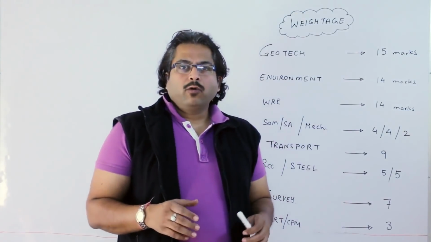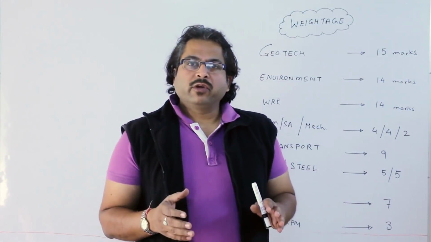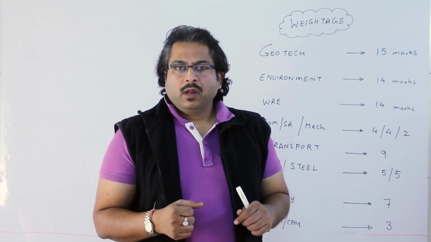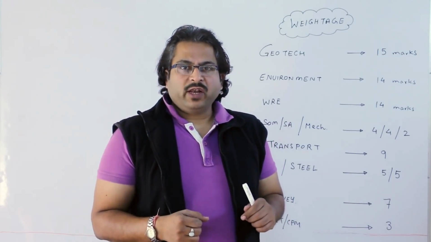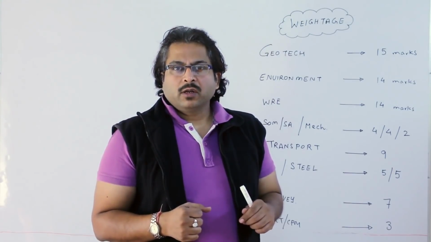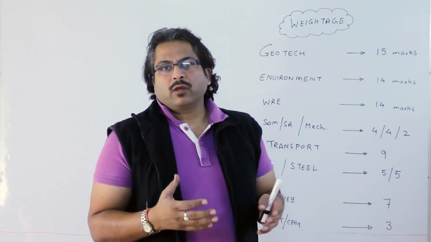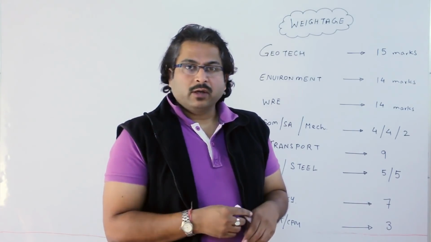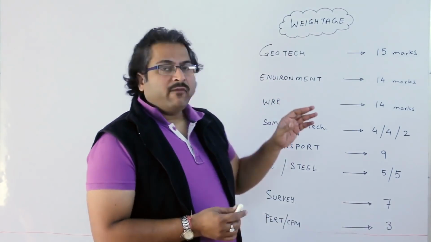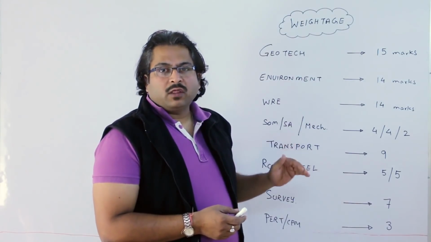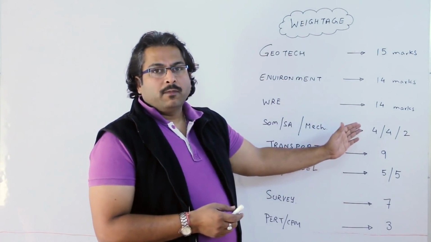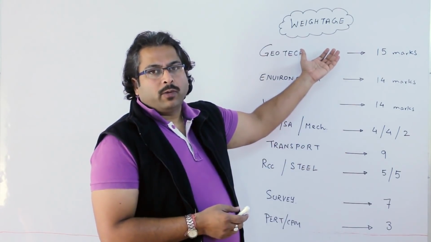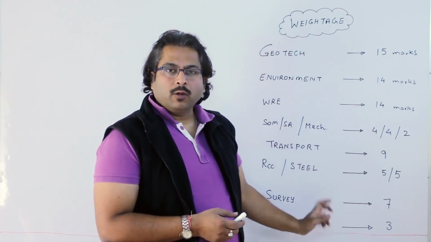After knowing about all the subjects in civil engineering for the GATE exam, now let us see the weightage of each and every subject, approximately how many marks of questions are being asked. So we'll go one by one. I have listed down the various subjects and the marks, with the highest weightage at the top and the least weightage at the bottom.